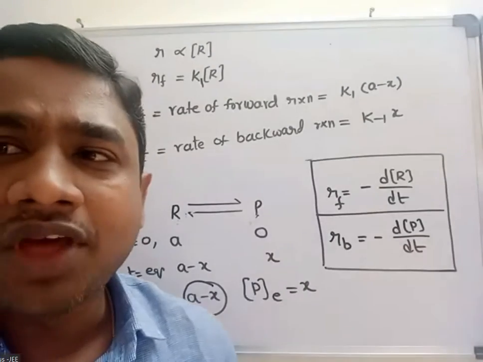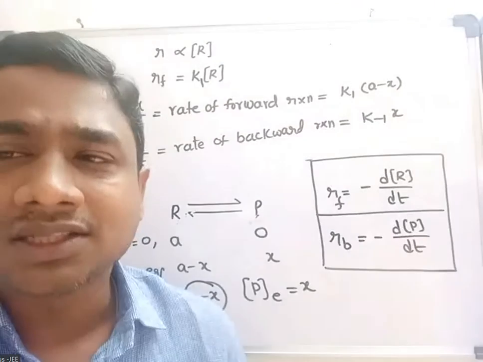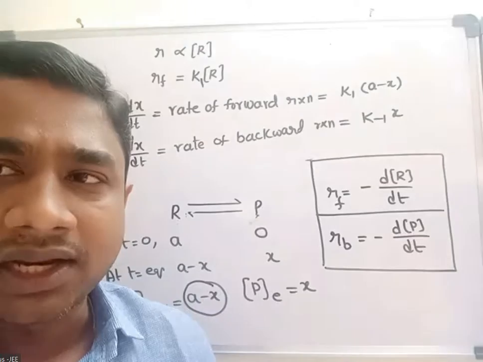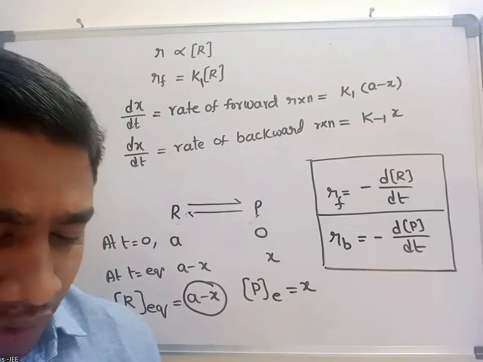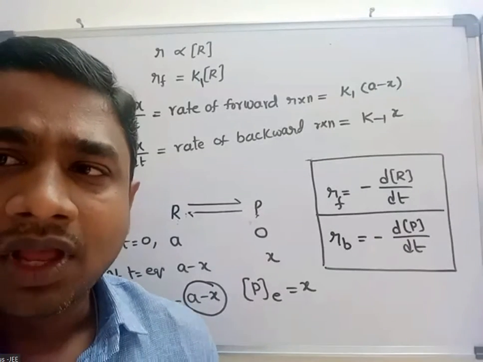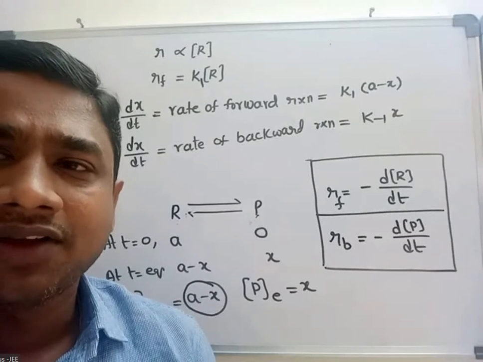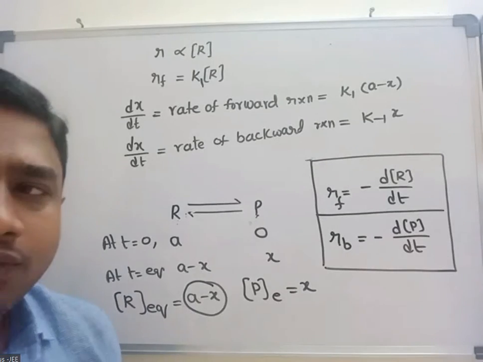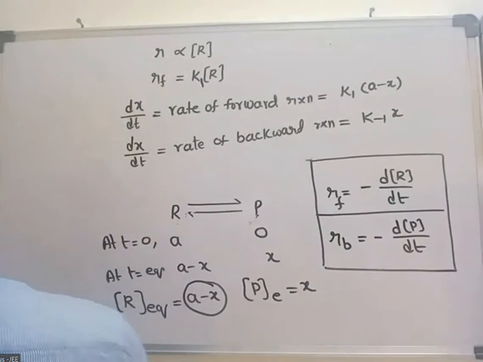When both of them are equal, the reaction is said to be at equilibrium. Before attaining equilibrium, the net rate of reaction is the rate of the forward reaction minus the rate of the backward reaction.